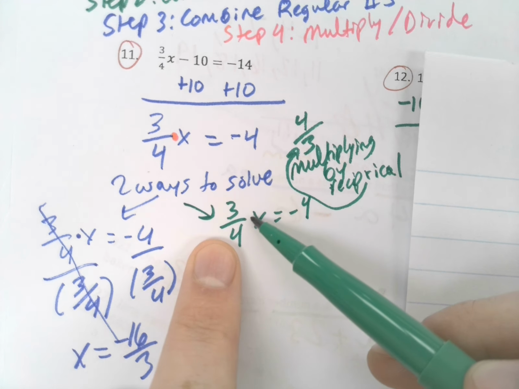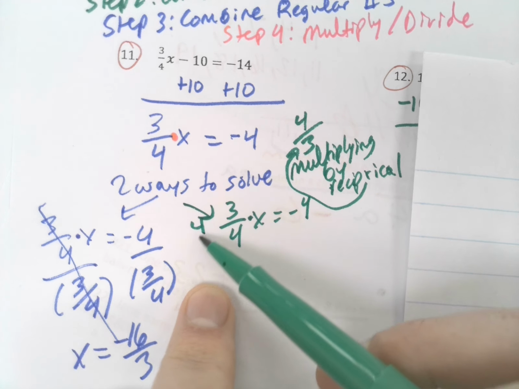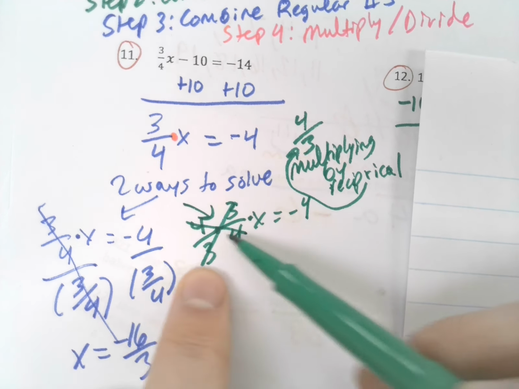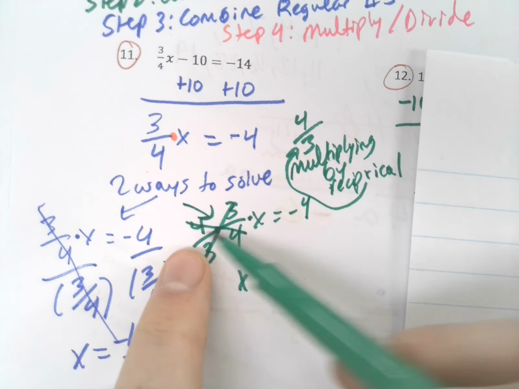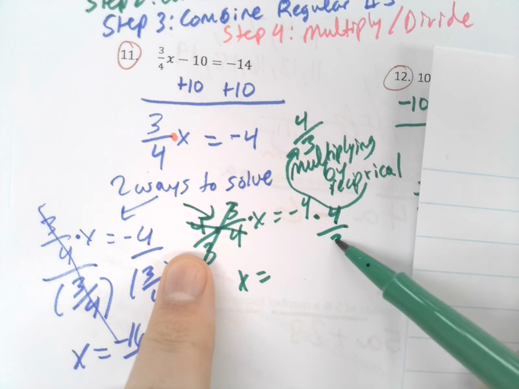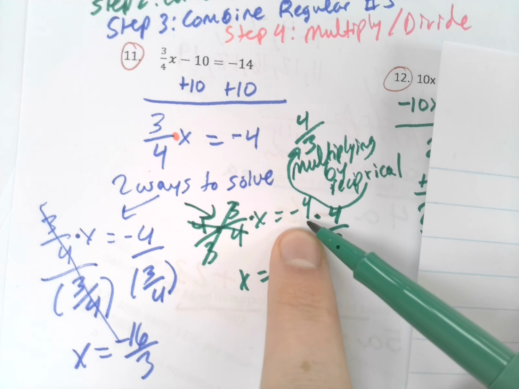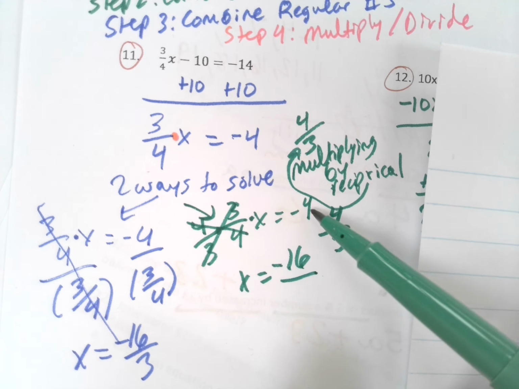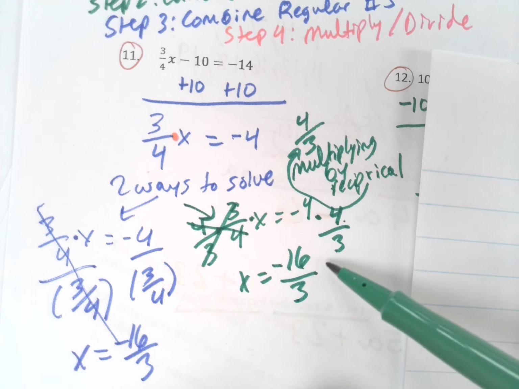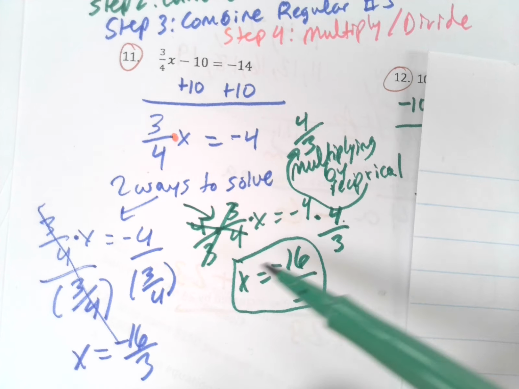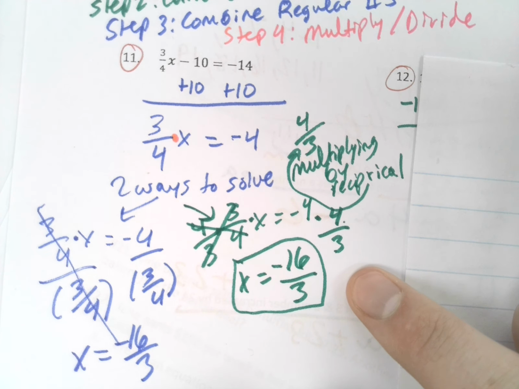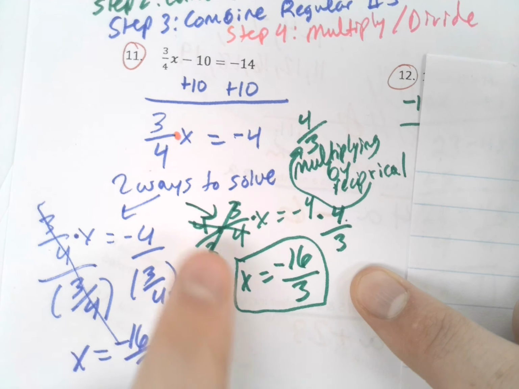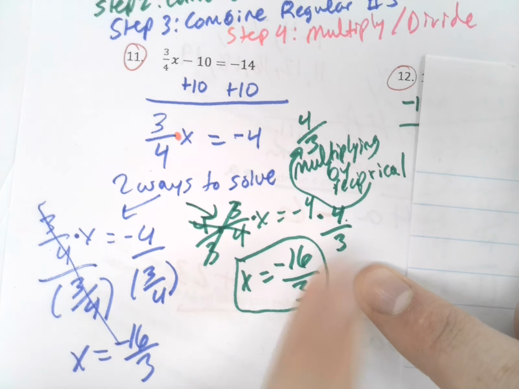So if we have 3/4 times x, I could multiply by 4 over 3. Those cancel. X equals, got to multiply this side by 4 over 3. Negative 4 times 4, negative 16 over 3. This is the way I would honestly suggest, especially if you don't have a calculator. So just flip it and multiply.